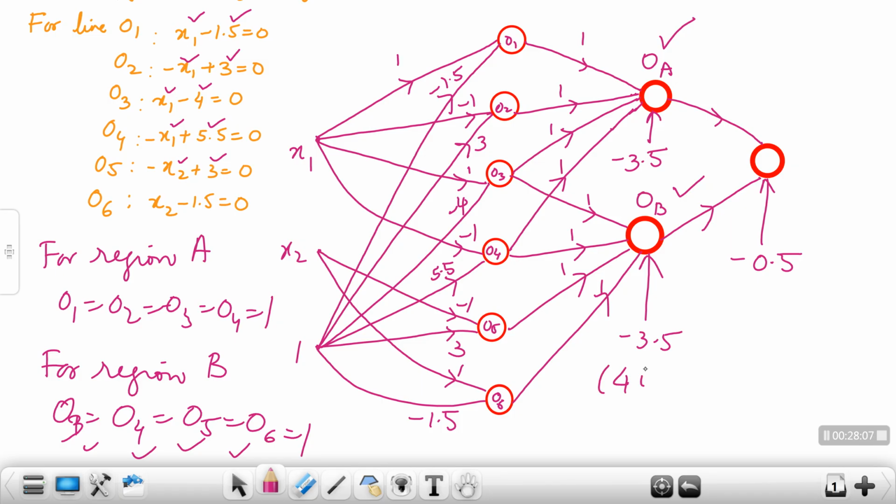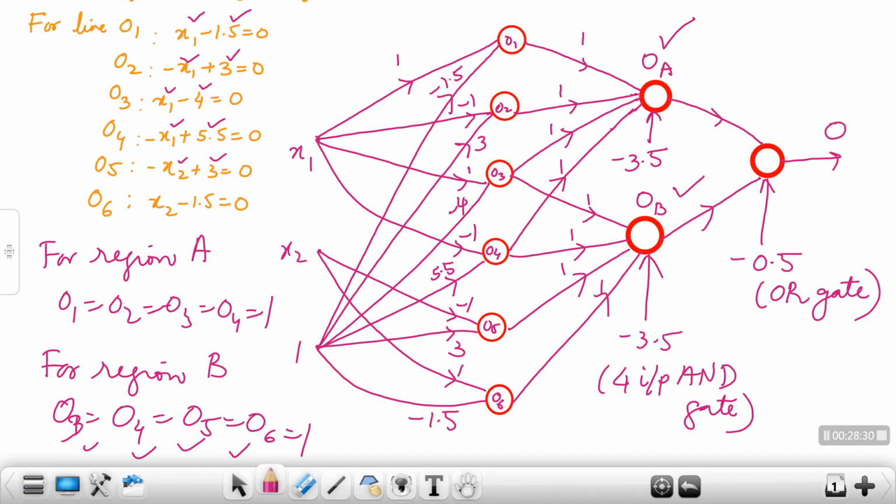So here I write, this is a 4-input AND gate, that is the reason the bias is minus 3.5. And this is an OR gate. For any OR gate, 2-input, 3-input, the bias has to be minus 0.5, and then you get the final output here, O. So this is a neural network.